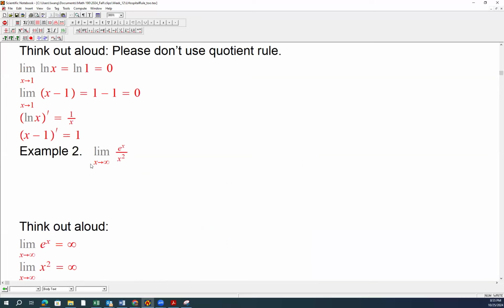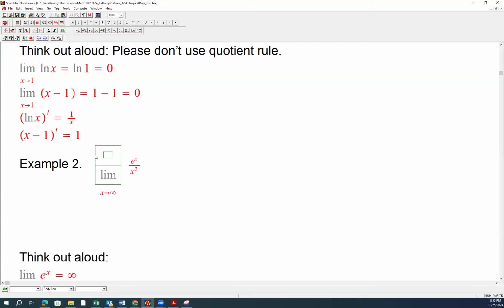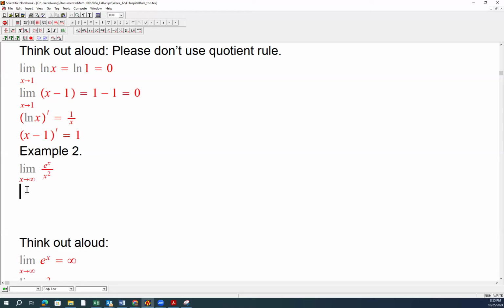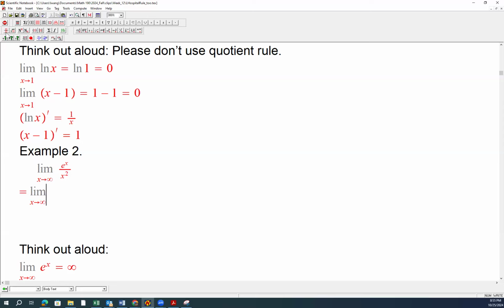So when you show your work in here, all you have to do is write equals, as x approaches infinity, the derivative of the numerator is e to the power x.